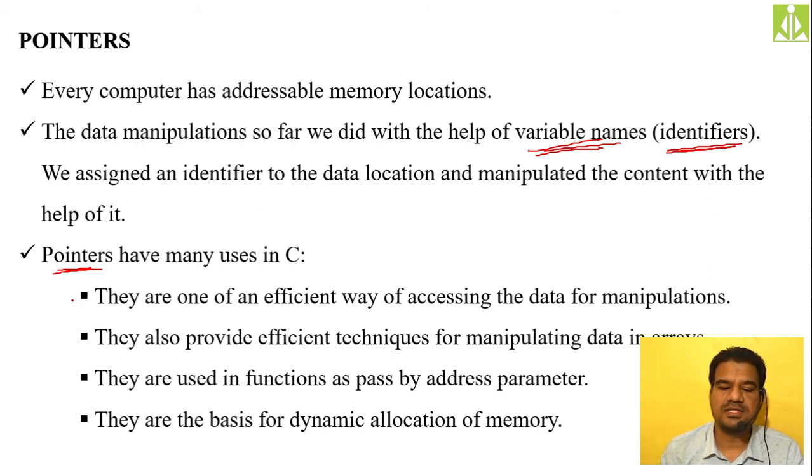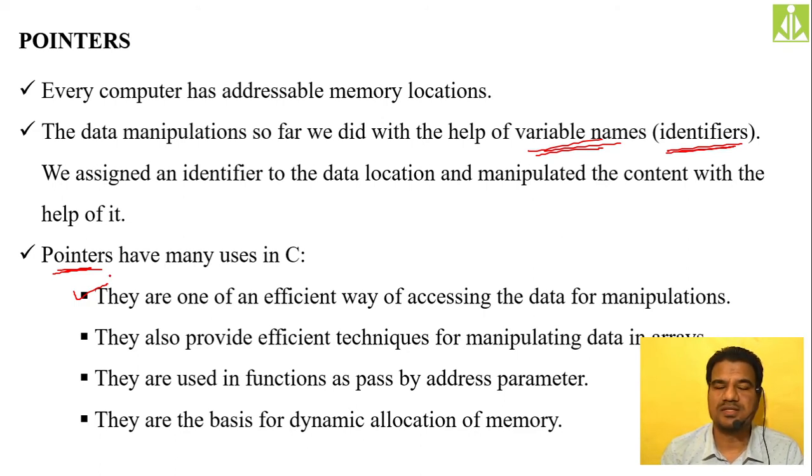The first one is that they are one of the efficient ways of accessing the data for manipulation. If you do the manipulations with the help of pointers, that accessing of data will become efficient. Efficient in the sense it will consume a smaller number of computer resources.